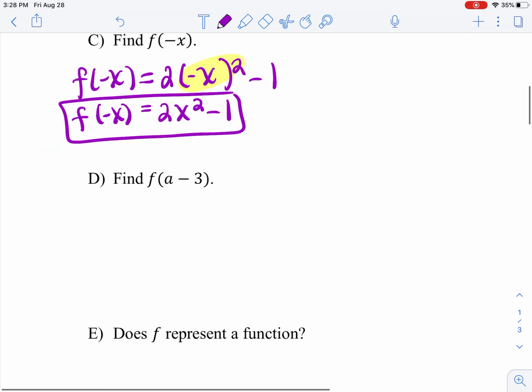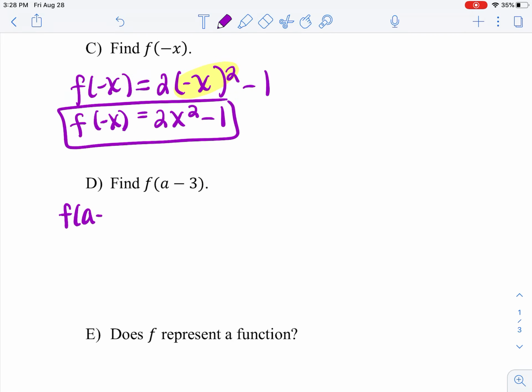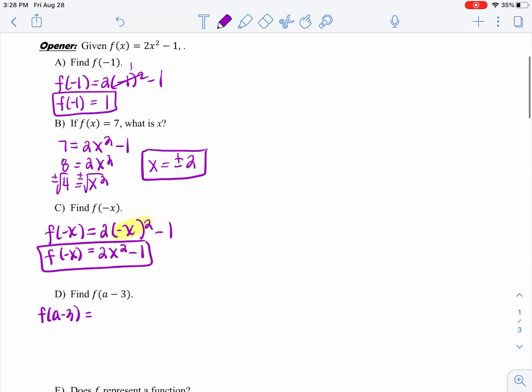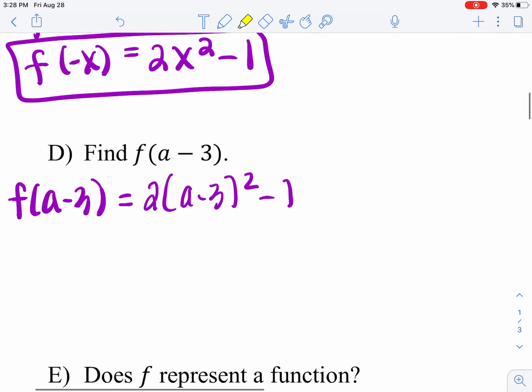Next one, find f of a minus 3. So I'm plugging in a minus 3 and cleaning it up. So 2 times a minus 3 quantity squared minus 1. First thing I have to do is expand a minus 3 quantity squared, which is not a squared minus 9. You're going to lose a lot of points if you do that.